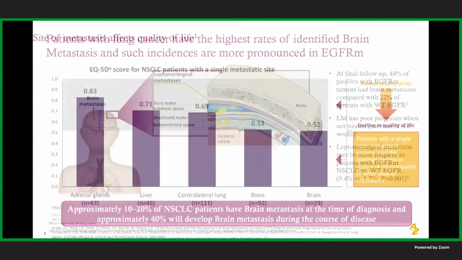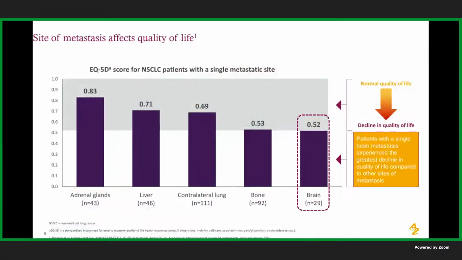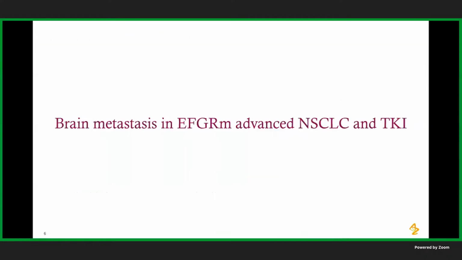So, patients with brain metastasis usually, of course, have the greatest decline in quality of life compared to other site metastasis. Understandably so, because the brain being a closed cavity rapidly deteriorates the quality of life.